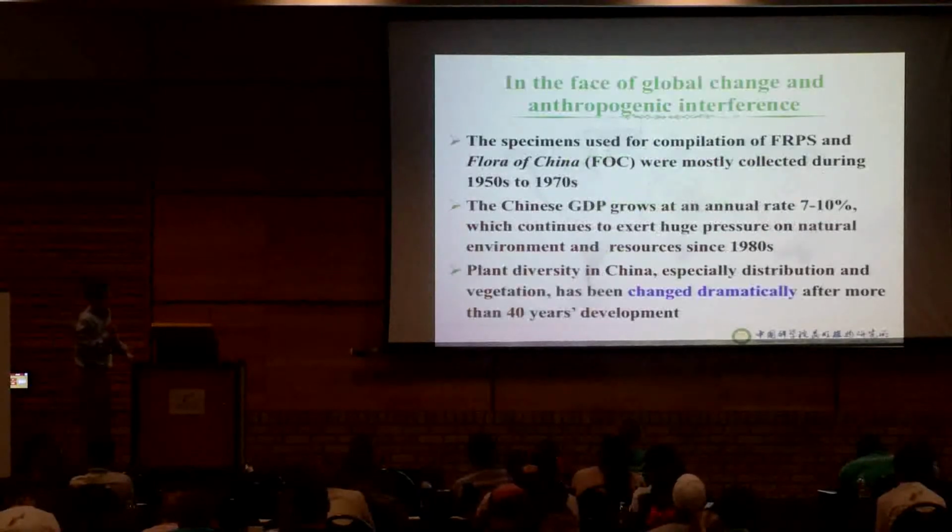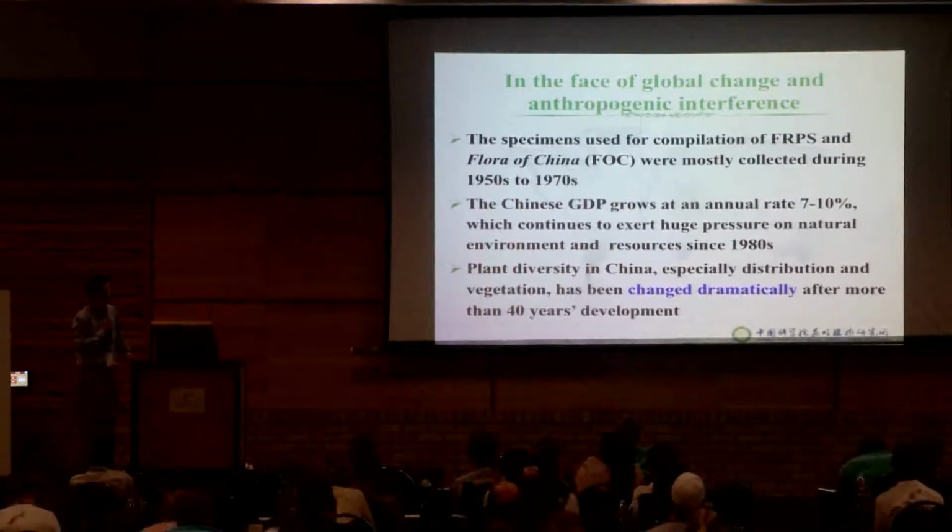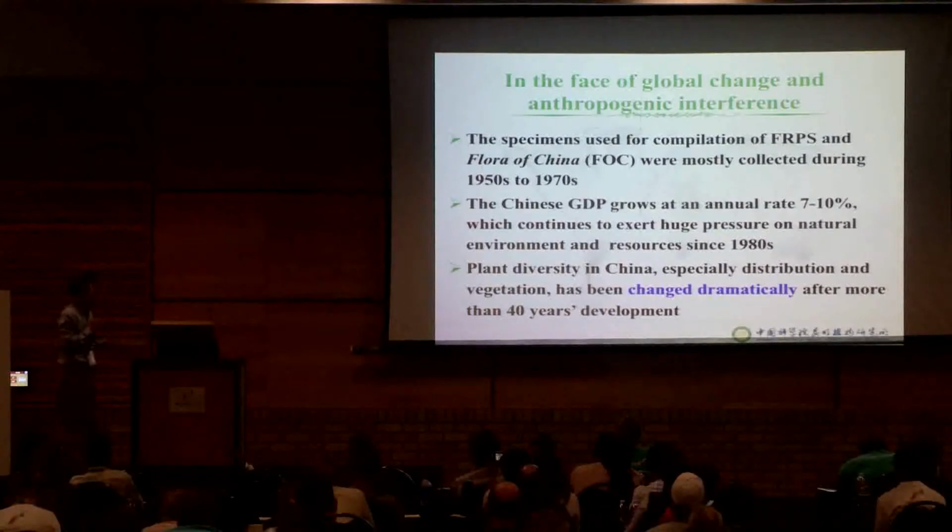Also, the Chinese and English versions of the Flora of China were mostly based on specimens from the 1950s to 1970s, so there has been a lot of change because of economic development.